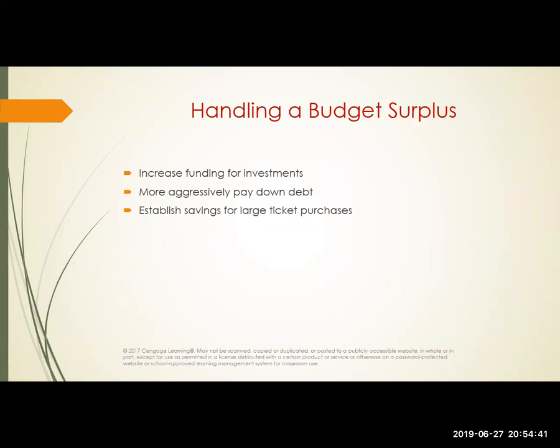In our family, we have a separate savings account that we put some money into every month to save for our next car. We don't have any immediate need for another car, but probably within the next 3, 5, 7 years, we'll need another car. And rather than starting from the ground up, put away a couple hundred a month or $80 a month, whatever you can do. And when you get there, you've got a little bit of cushion to help you move into that large ticket purchase.